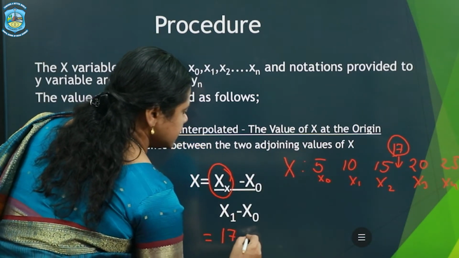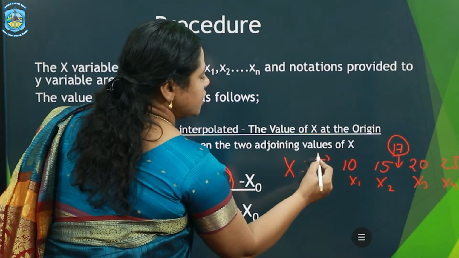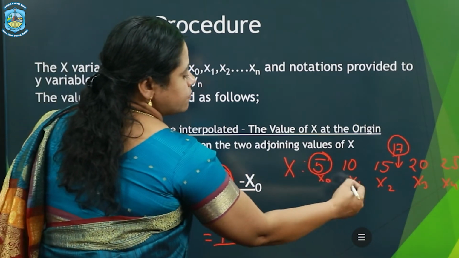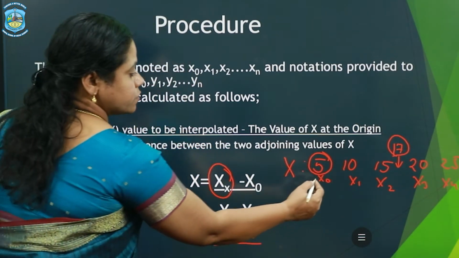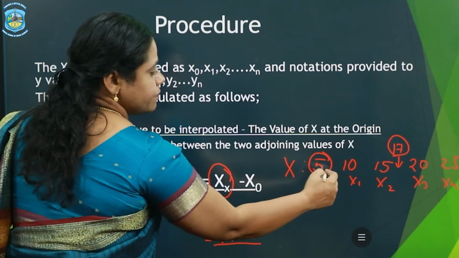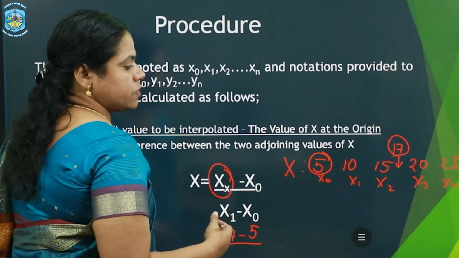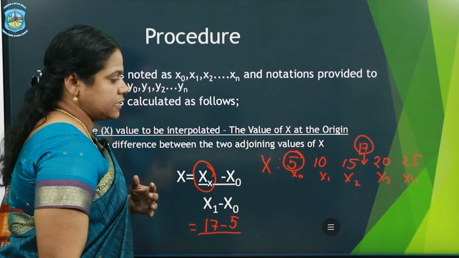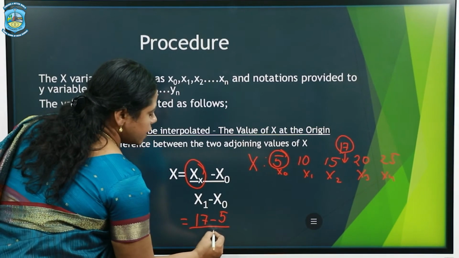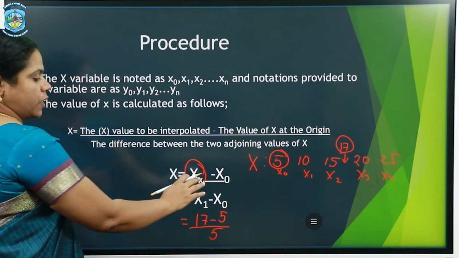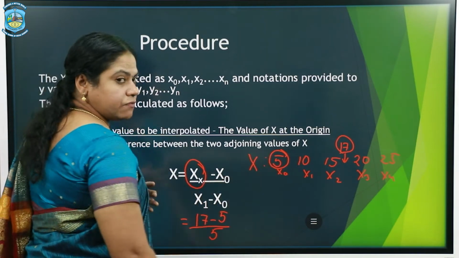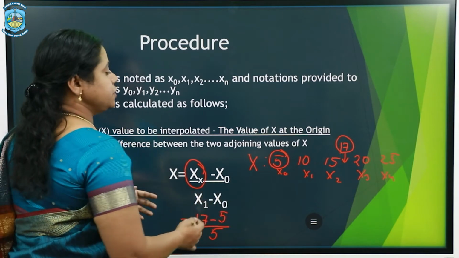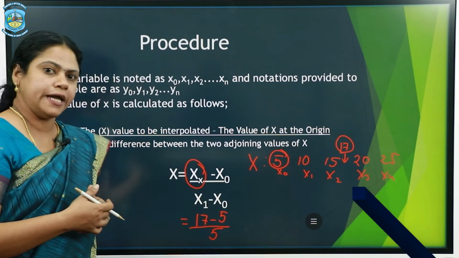So we write 17 minus x0, the value of x at the origin, that is 5, divided by the difference between two adjacent values, x1 minus x0. The difference between x0 and x1 or x1 and x2 can be taken here because all the values are of equal intervals. So here the difference between these two is 5. I hope you understood this. Xx minus x0 is the value of x at the origin, and then you take the difference between two adjacent values of x.